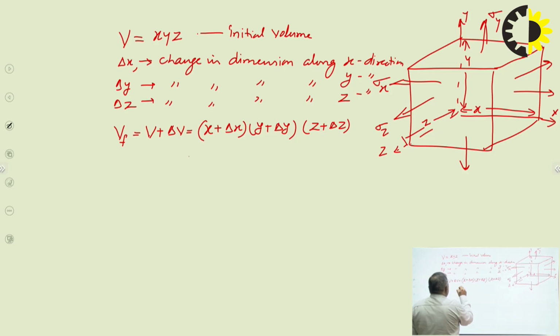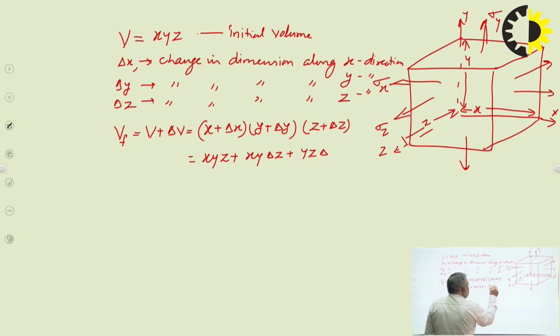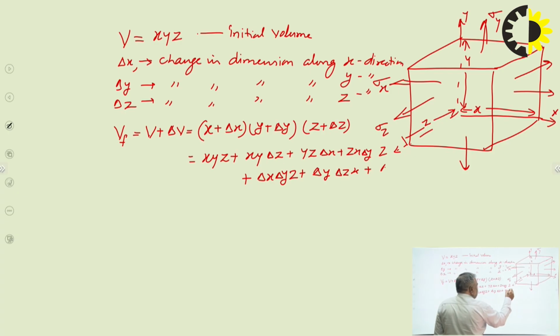What will the product be? The product will be xyz plus xy delta z plus yz delta x plus zx delta y plus delta x delta y z plus delta y delta z x plus delta z delta x y plus delta x delta y delta z.